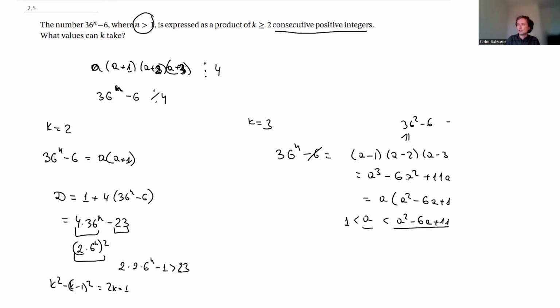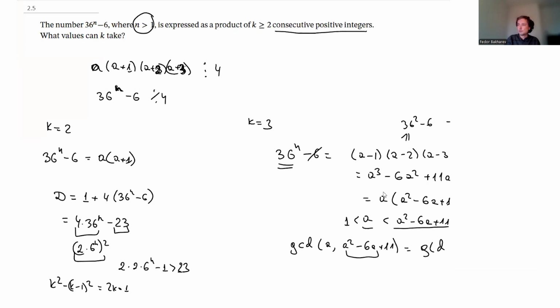But also you could find that these two numbers are coprime. The greatest common divisor of a and a squared minus 6a plus 11, we could divide this by a, the first part here. So this is the same as the greatest common divisor of a and 11. And a, of course, should be coprime with 11 since it is a divisor of 36 to the power n. So this is 1.